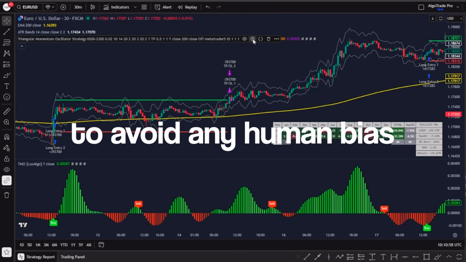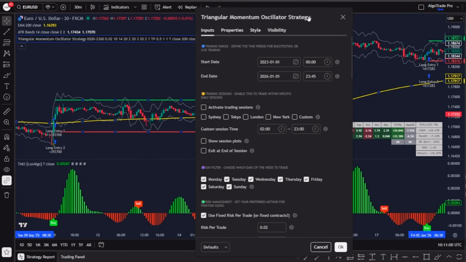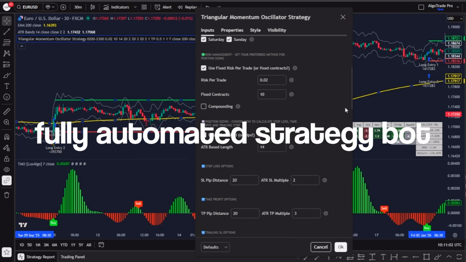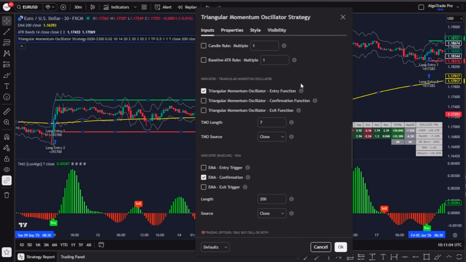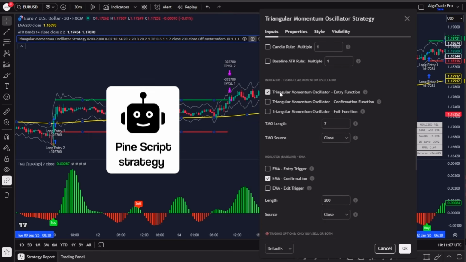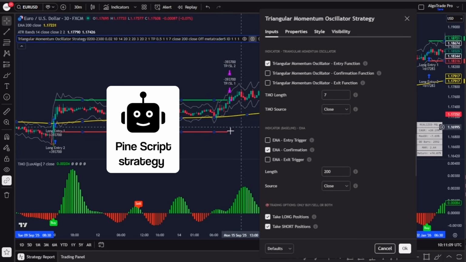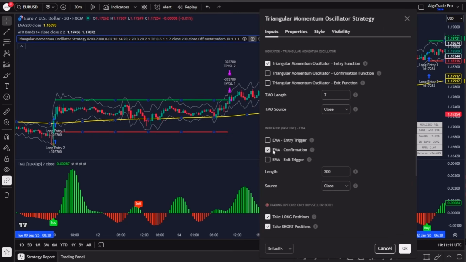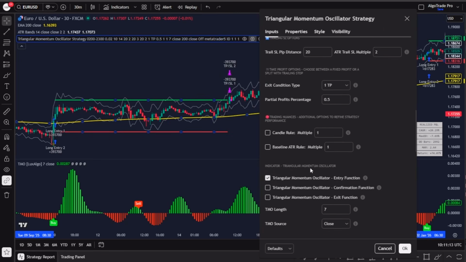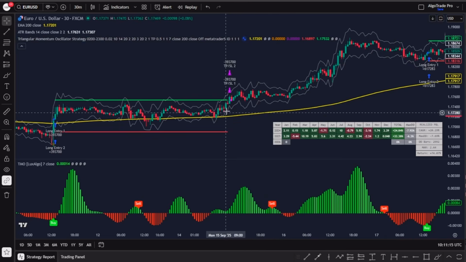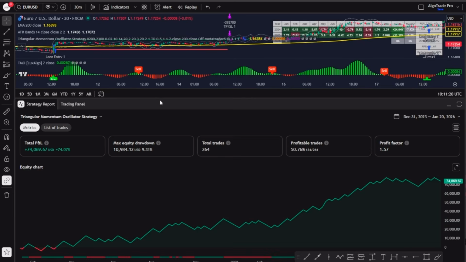And to avoid any human bias, all of this will be tested using a fully automated strategy bot. I built a custom Pine script strategy that takes the divergence signals directly from the indicator, applies the 200 EMA and the risk management, and executes everything mechanically, giving us all the results on the strategy tester tab.